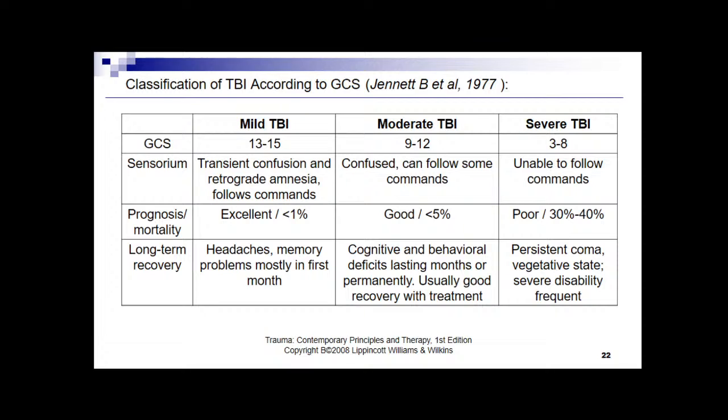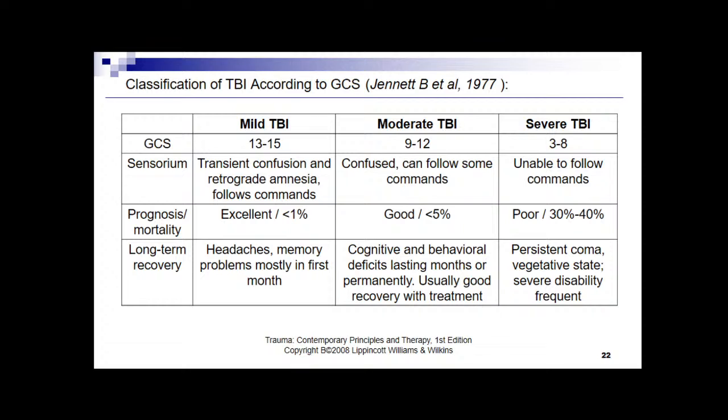This is the classification of traumatic brain injury according to the Glasgow Coma Scale into mild, moderate, and severe. Why should we classify the patient's clinical state? For estimation of prognosis and estimation of the possibility of recovery and degree of recovery.